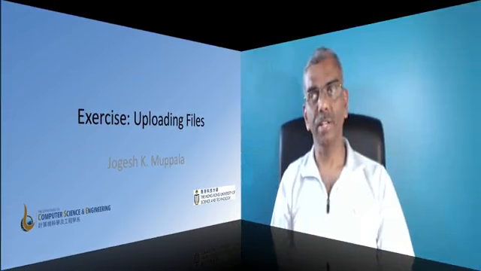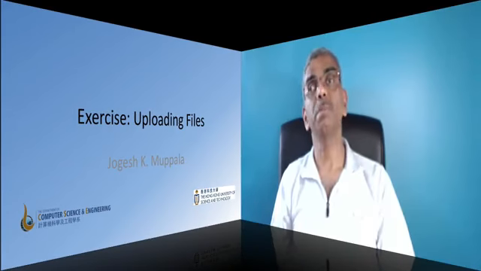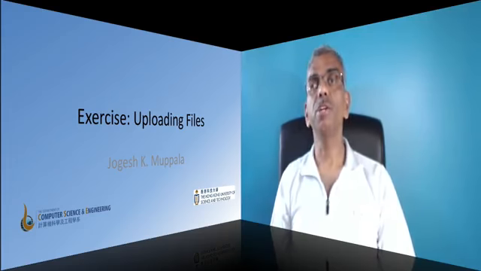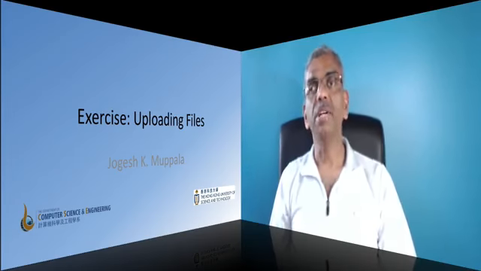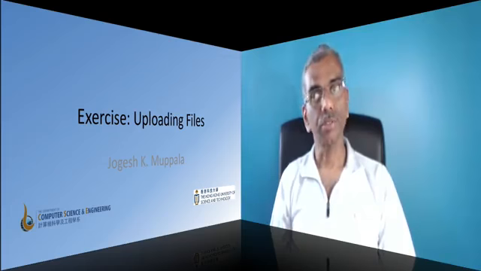In the previous lesson, we have learned about how file uploads are supported through the multipart form data approach. In this exercise, we're going to make use of the multer module, which we referred to in the lecture, to enable our Express server to support uploading of image files into our server side.